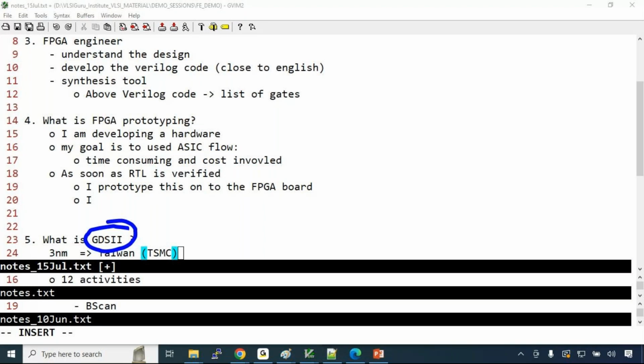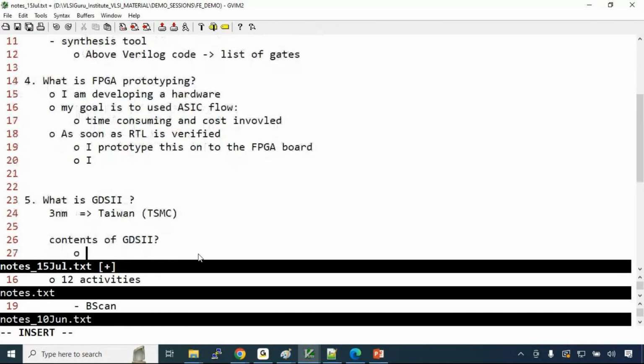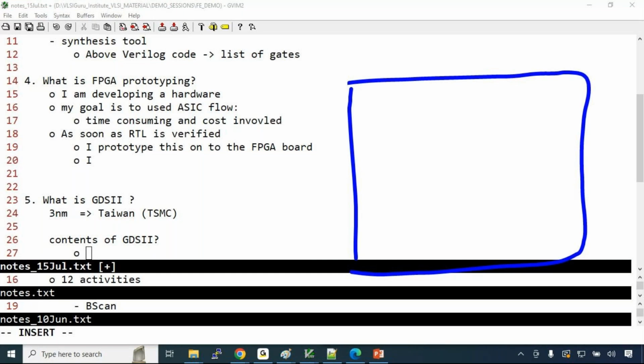What will that GDS2 have? Tell me, what do you think the contents of GDS2 will be? It will tell if this is the silicon, how much doping should be done here, where the metal will come, where the oxidation should be done, how much oxidation should be done, where the metal gate deposit should happen, where the polysilicon deposit should happen.